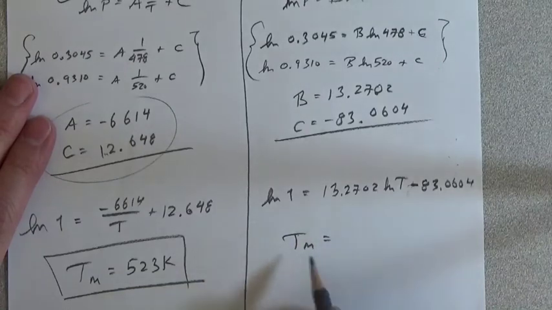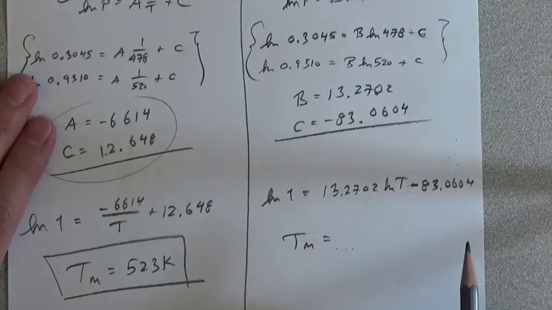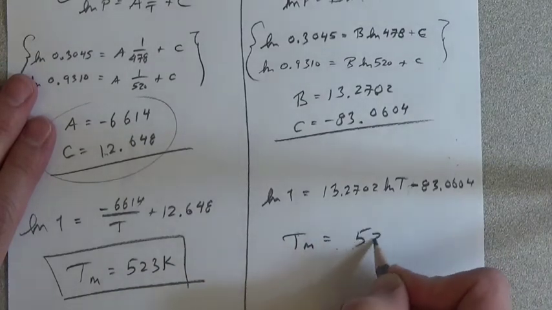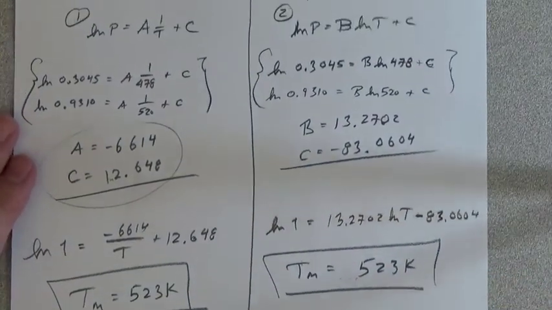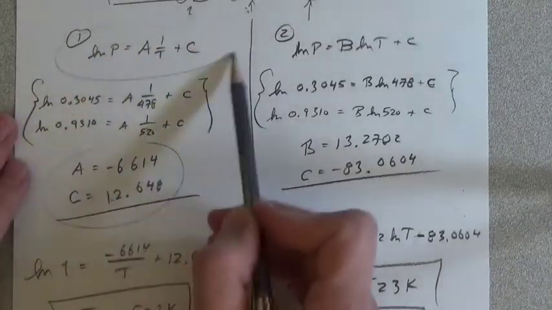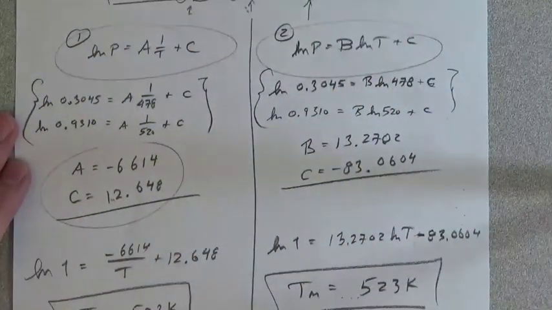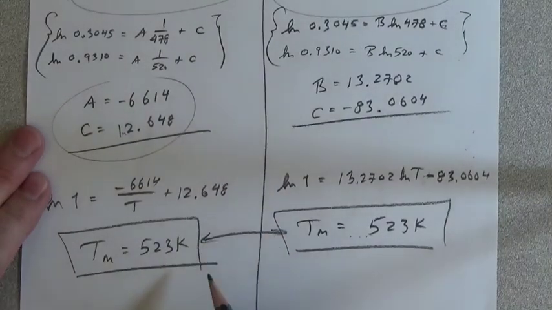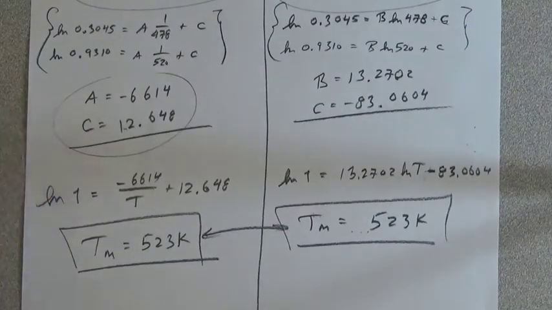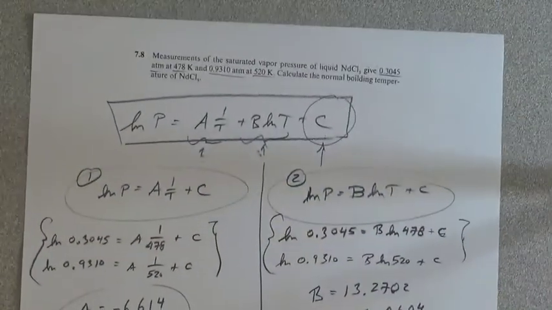T boiling is equal to 523 K. So it turns out that either one of these expressions can be used to give you the same temperature. We feel pretty good about that. So this is problem 7.8.